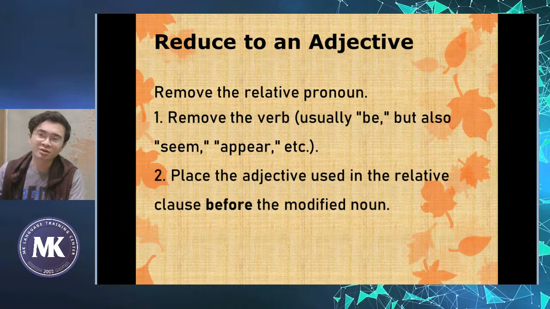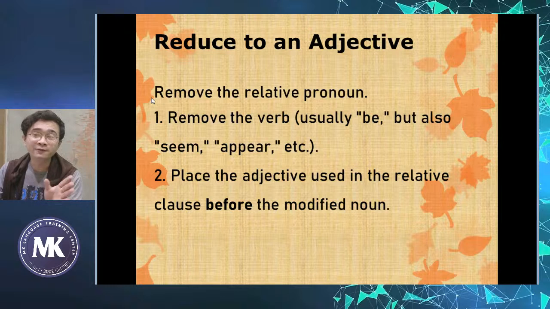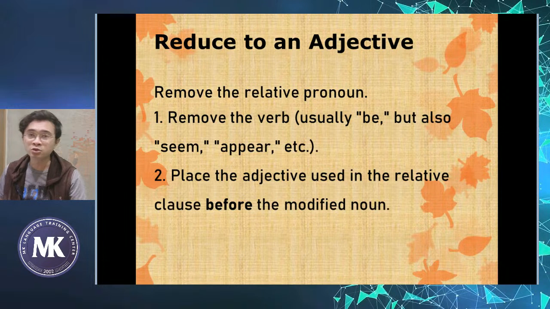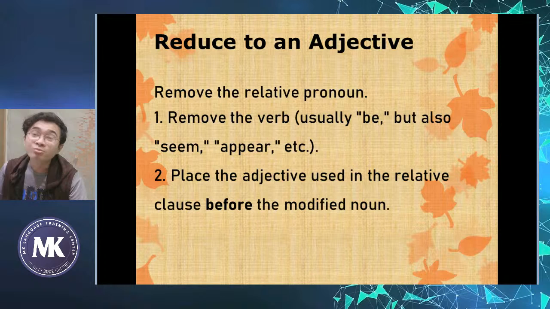First, okay, remember, for this number one, first you need to remove the relative pronoun. Okay, remember, our relative pronouns are who, whose, which, that, and any kind of relative pronouns in our sentence. And if you want to reduce the clause to an adjective, then we need to remove first the relative pronoun of the relative clause.